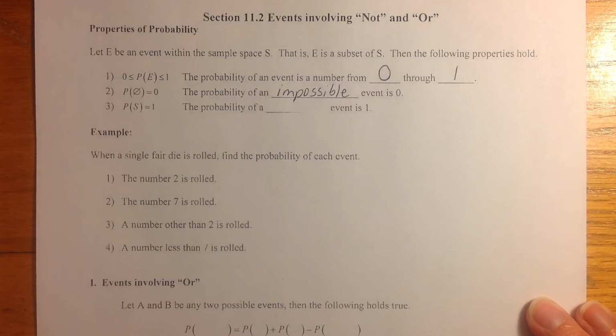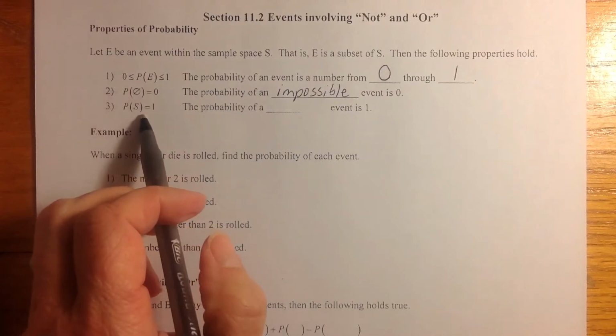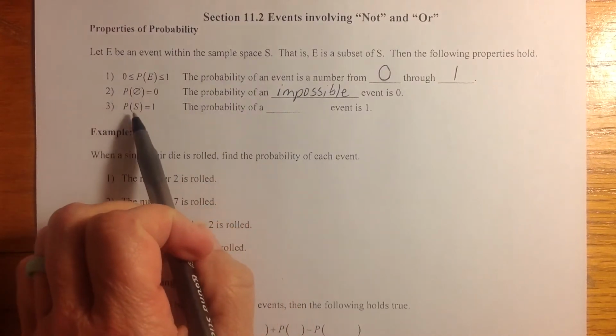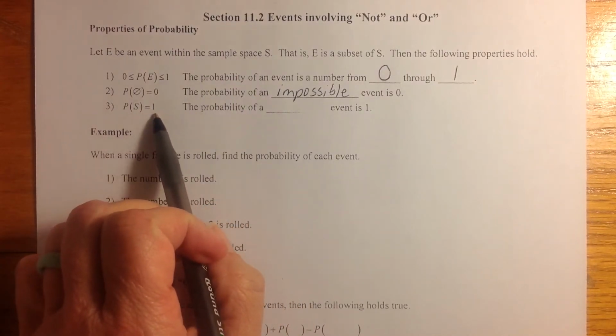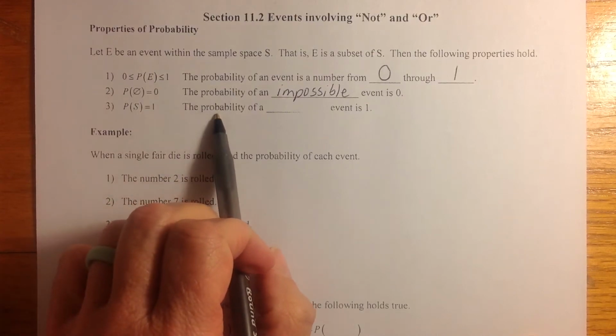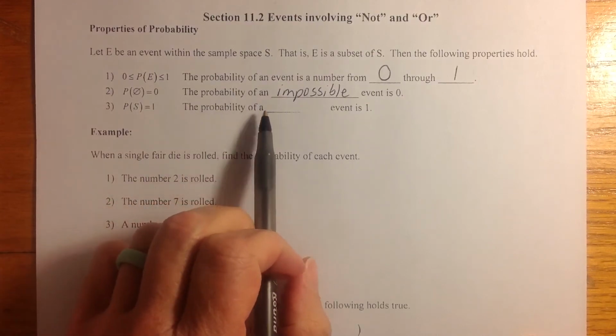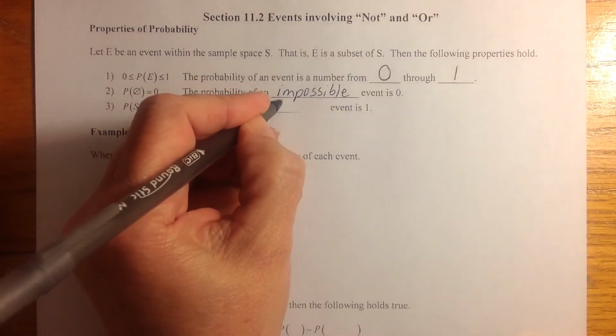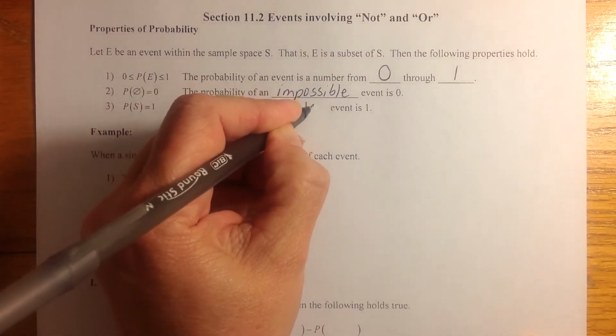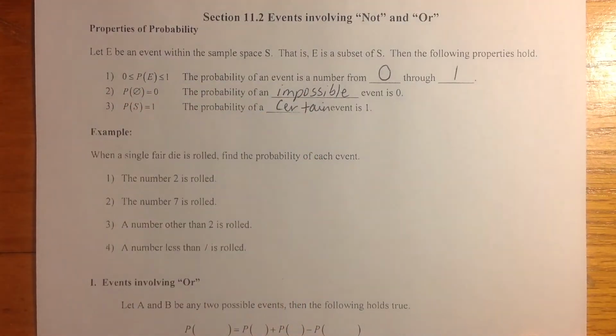The chances are always going to be 0 for an event that is impossible. Now, S stands for the sample space, so the probability of the sample space is always 1. This is the idea that the probability is a certain event. So the probability of a certain event is 1.